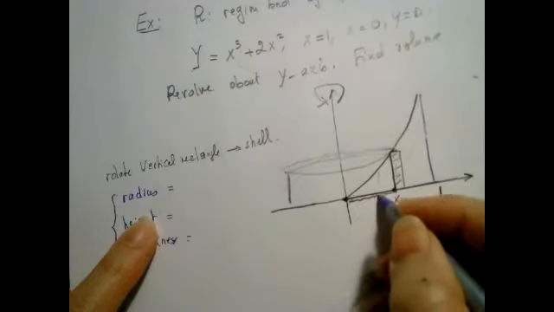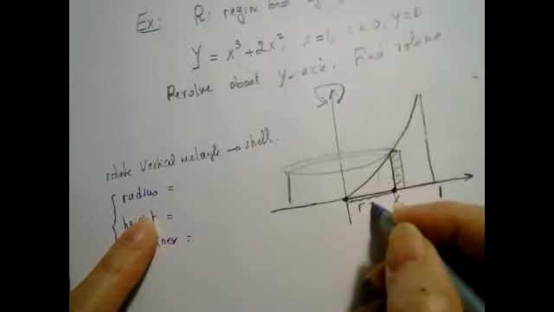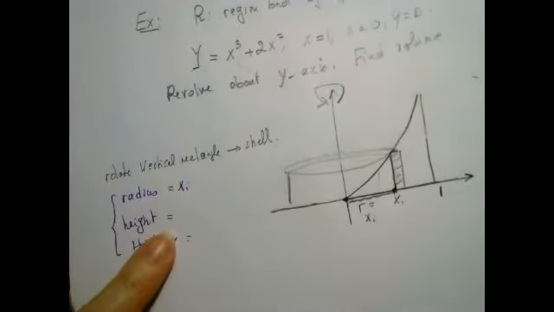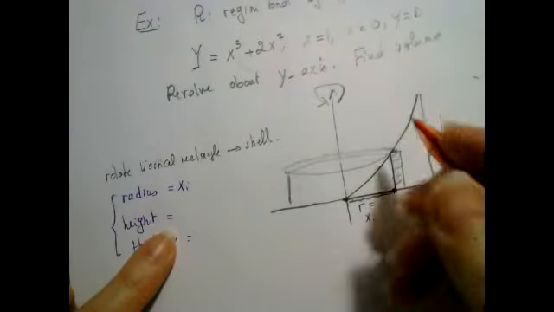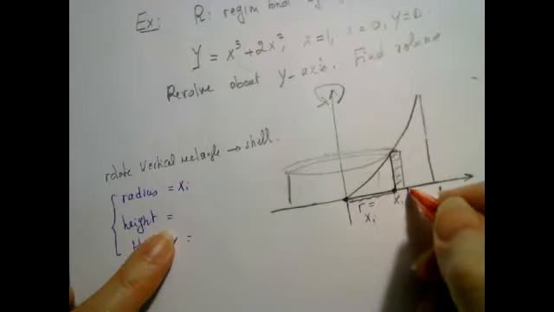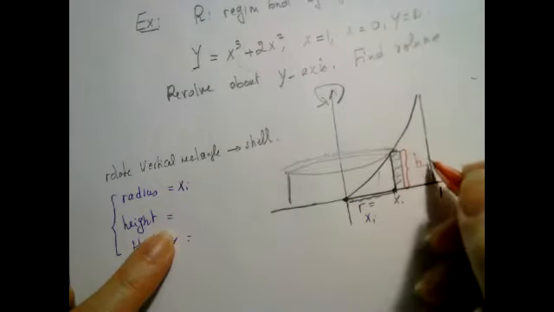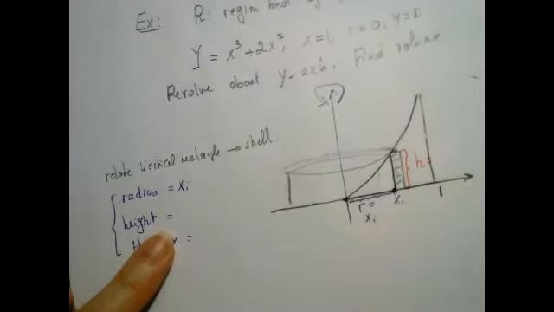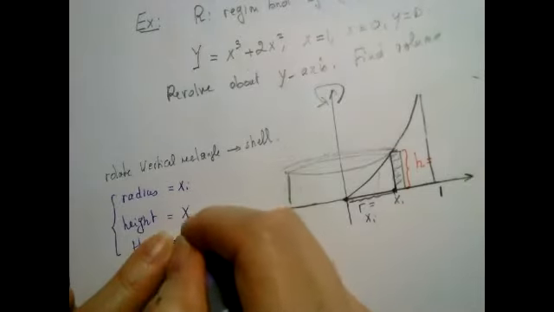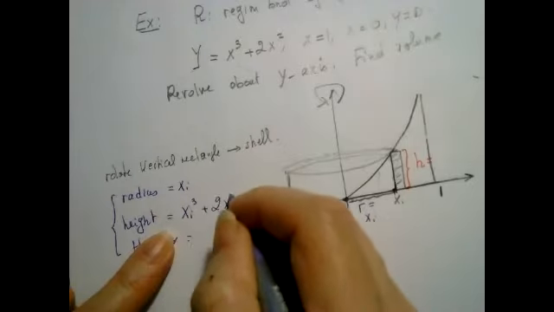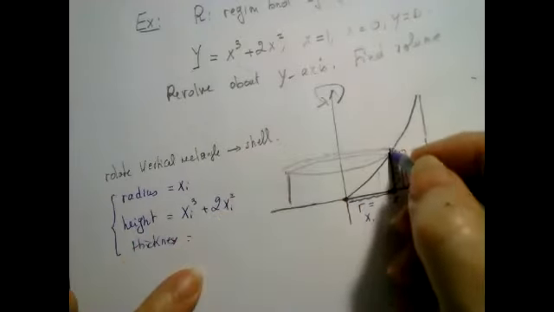So that's my radius, xi. The height is basically from the x-axis till I hit the curve. So the height is easy as well. It's the value of the function at xi. And this is my little delta x.